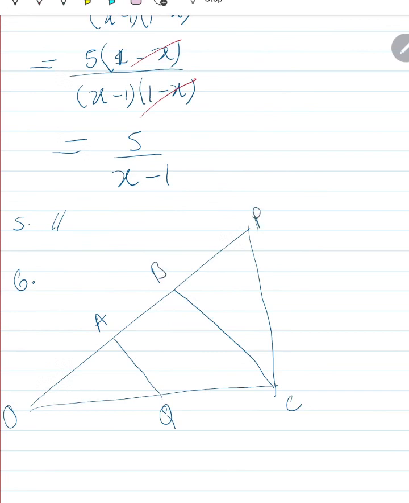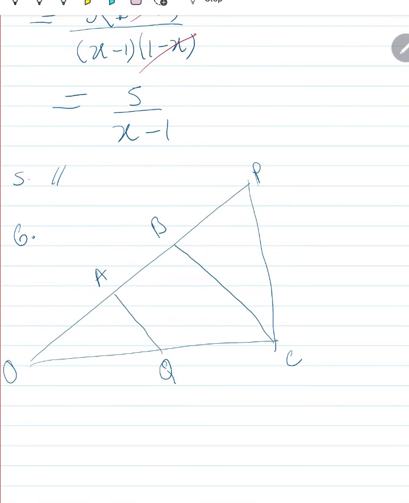So now this is a very simple question. Okay, how do you solve it? You follow the way the question has been phrased. So in the diagram below, Q is the midpoint of OC.